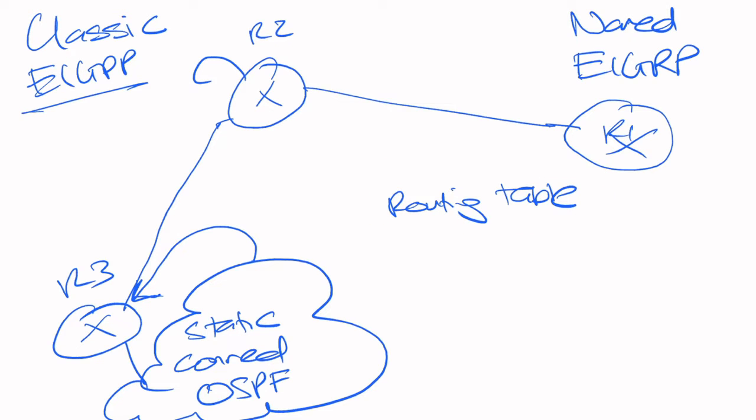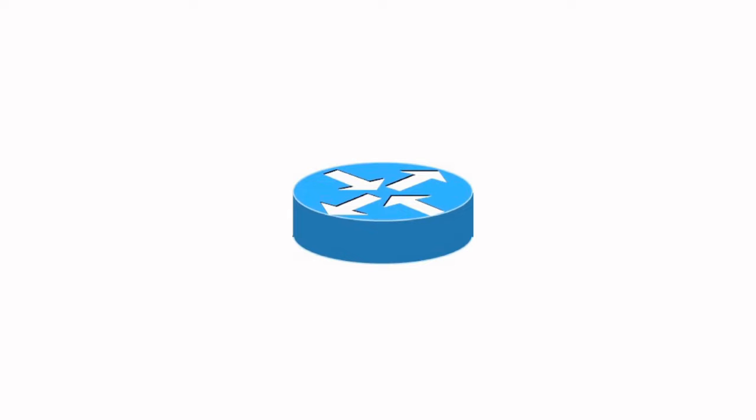So let's try to recreate this in our lab and see how and why the problem occurs. In this lab, we're going to do something quite simple. We'll have three routers: R1, R2, and R3, with simple connections.